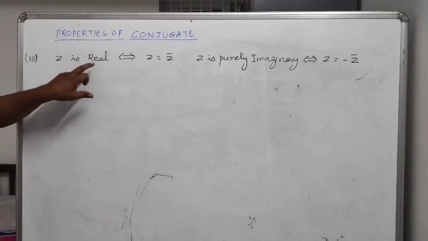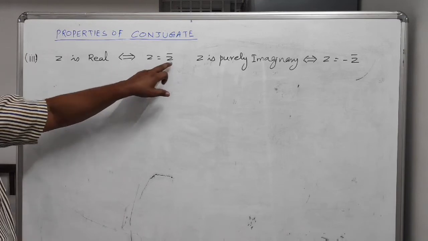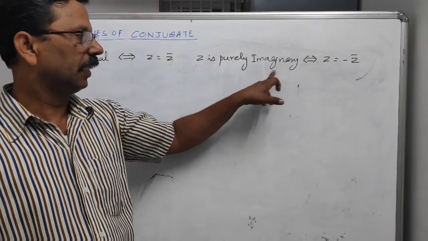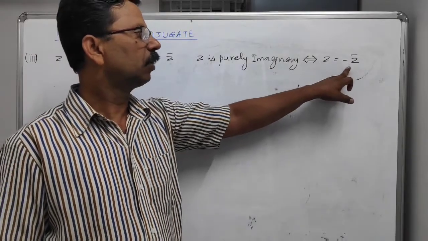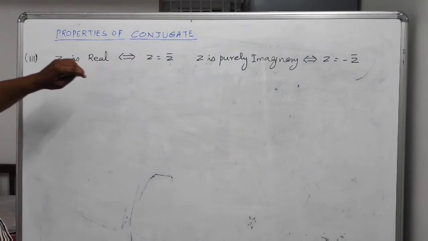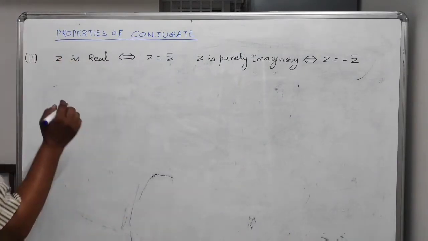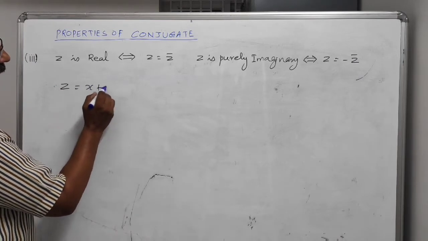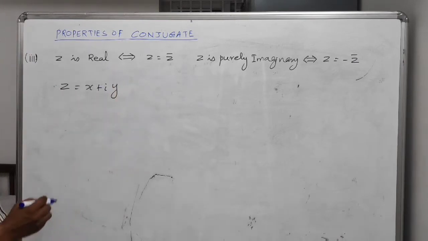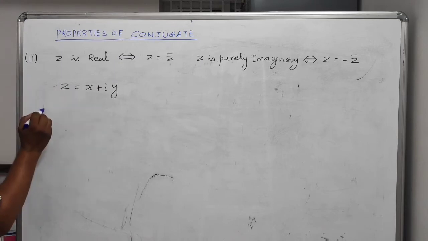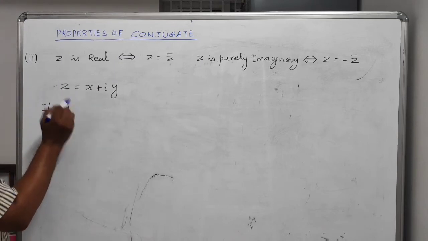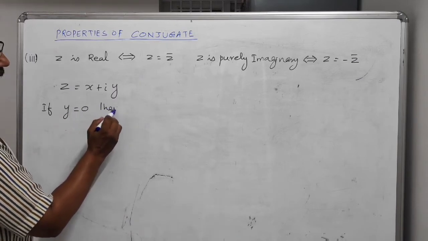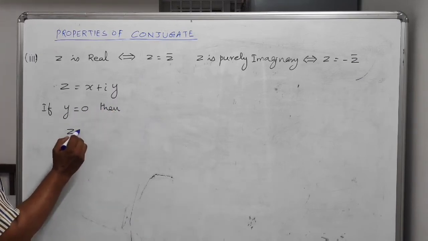Okay. Z is real if and only if z is equal to z bar. Similarly, z is purely imaginary if and only if z is equal to minus z bar. Now, when do you say z is real? For example, if we consider a complex number z is equal to x plus iy, in this complex number, if the imaginary part y is equal to 0, then z is equal to x.